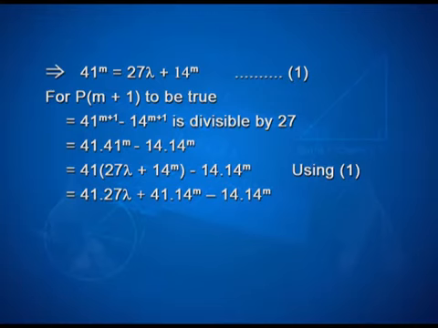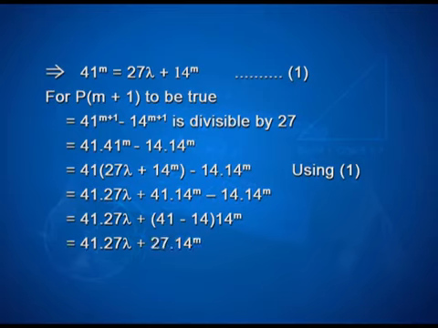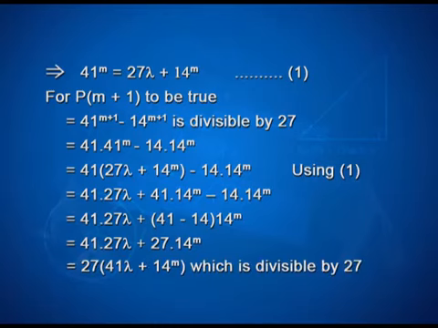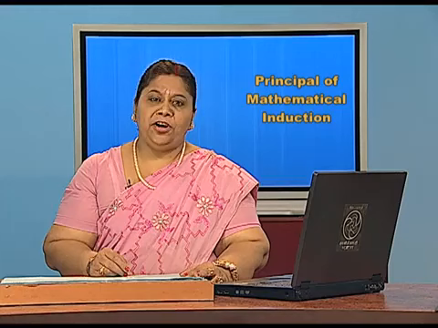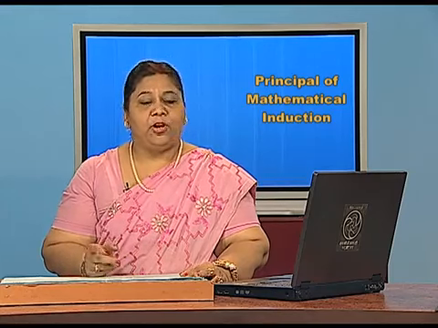That can be written as 41 × 27λ + (41 − 14) × 14^m, which gives 41 × 27λ + 27 × 14^m. Taking 27 common, we get 27 × (41λ + 14^m), which is divisible by 27. This implies P(m+1) is true. Hence, by the principle of mathematical induction, P(n) is true for all n belonging to N.